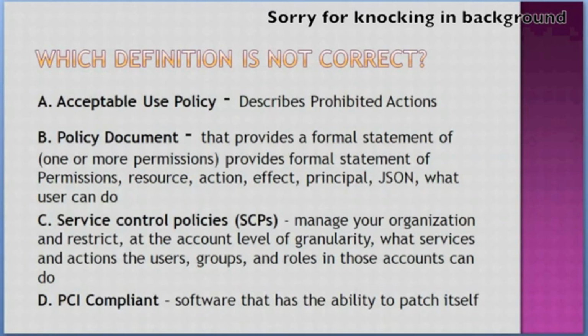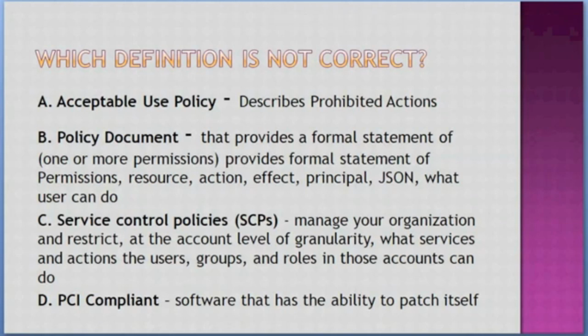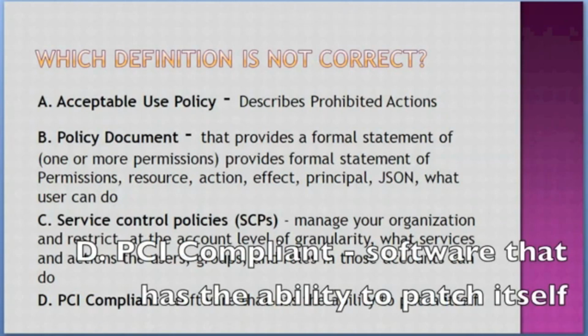C. Service control policies, SCP, manage your organization and restrict at the account level of granularity what services and actions the users, groups, and roles in those accounts can do. D. PCI compliant software that has the ability to patch itself. Answer D. The Payment Card Industry Data Security Standard, PCI DSS.